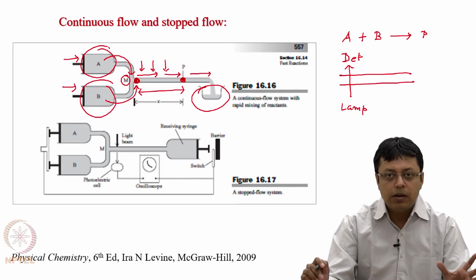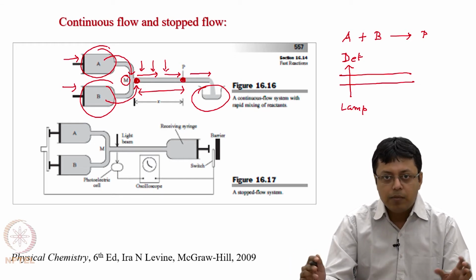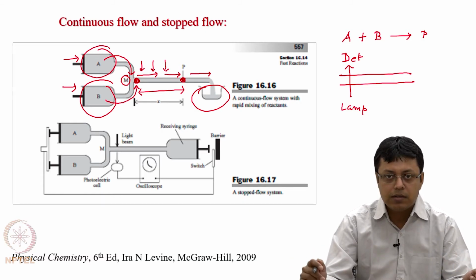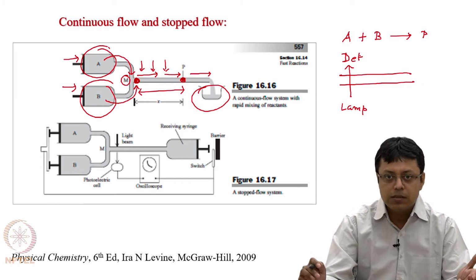If you follow the reactant, that absorption will keep decreasing with time. If you follow the product, the absorption band will increase with time. And from the intensity of absorption, increasing for products or diminishing for reactants, you can back calculate how much has been converted, the concentration change, and from that you can calculate the kinetics.